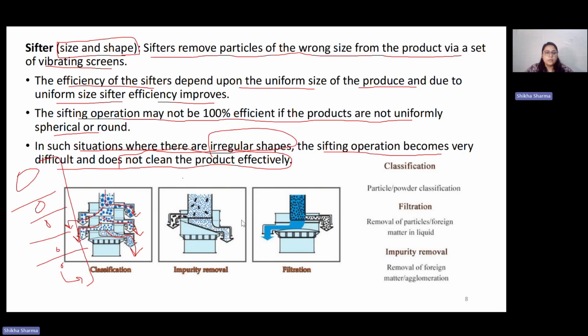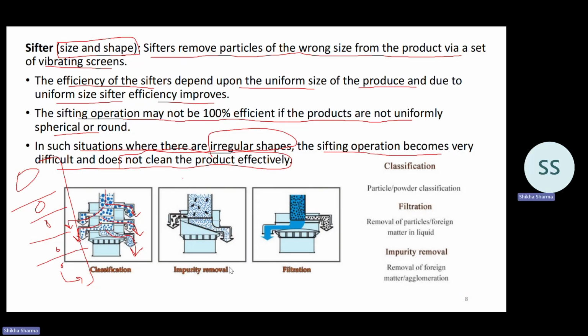And then the second is filtration or impurity removal. The foreign materials or particles, basically the impurities, can be removed from this. So the foreign particles or the agglomerates can be removed. How? Suppose this is a foreign particle.